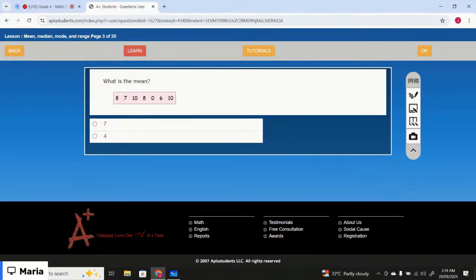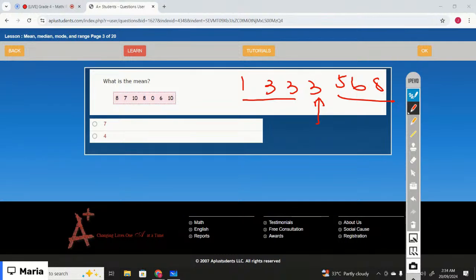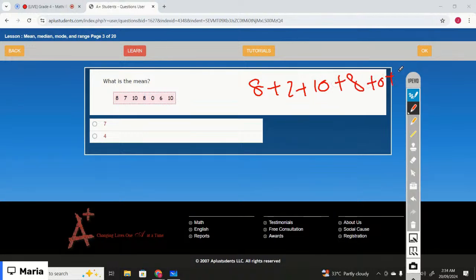Which one is the mean? For the mean, you need to add them all. That is 8 plus 7 plus 10 plus 8 plus 6 plus 10. Let me just add 10 and 10, 28, 28, 20.